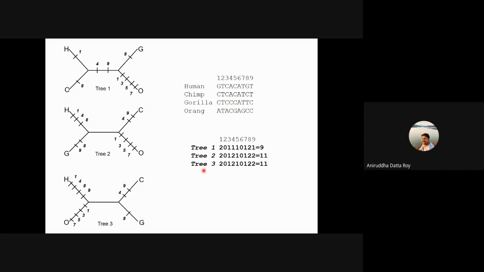Turns out tree number 2 and tree number 3, which is these 2, can be explained given this particular tree topology and the character distribution. They will have a minimum of 11 changes, right? So therefore, our most parsimonious tree is tree number 1, which can be explained using 9 changes. Does that make sense?